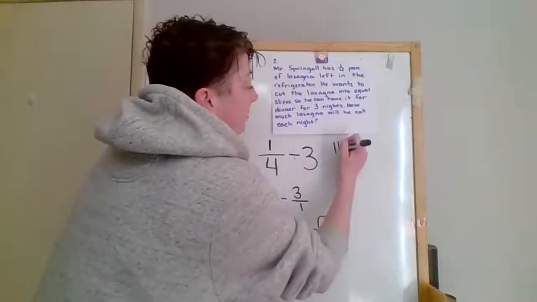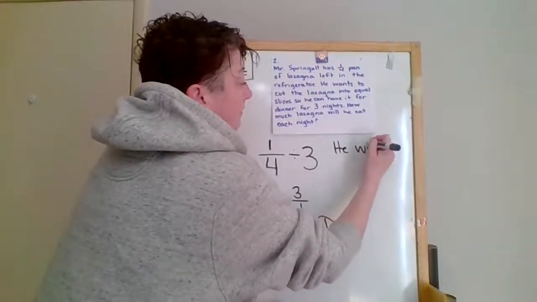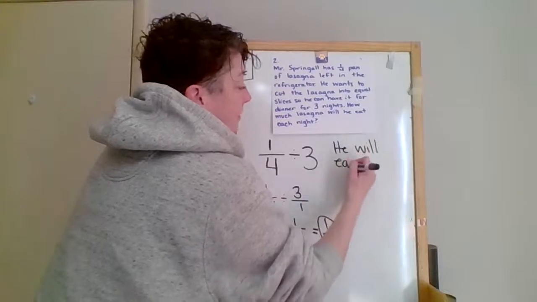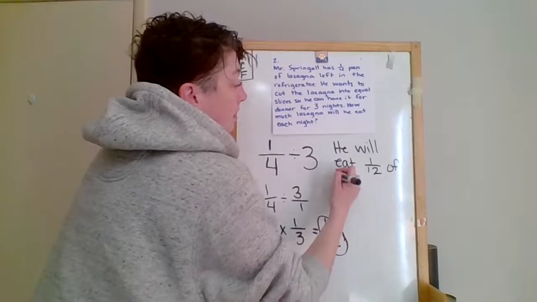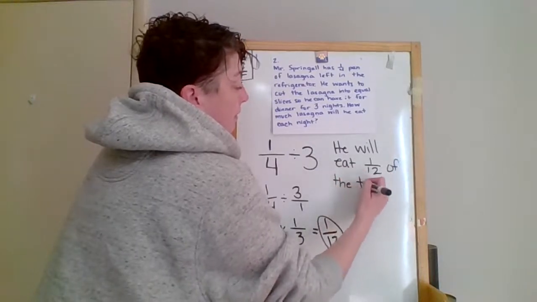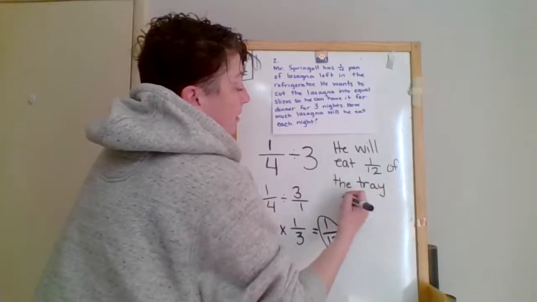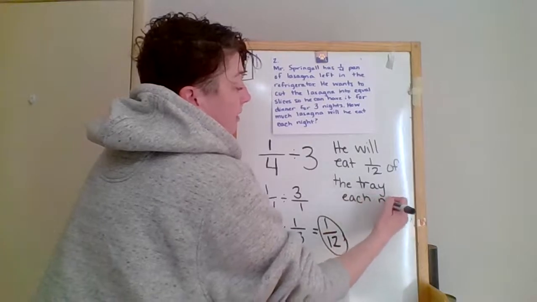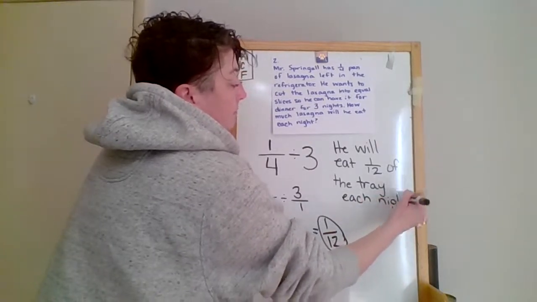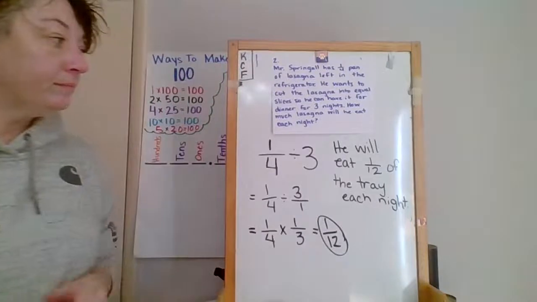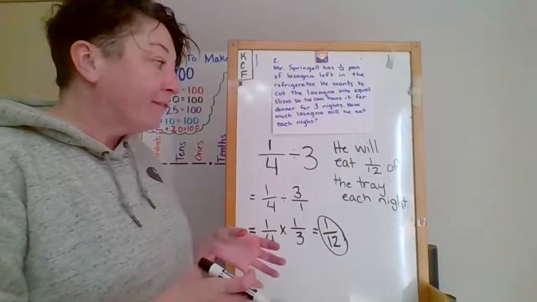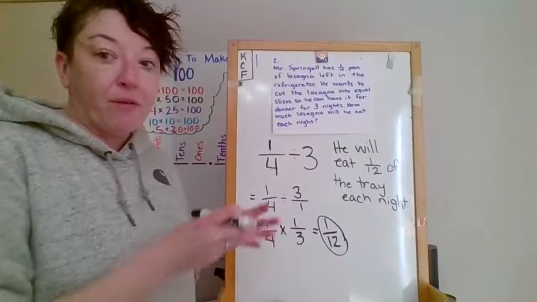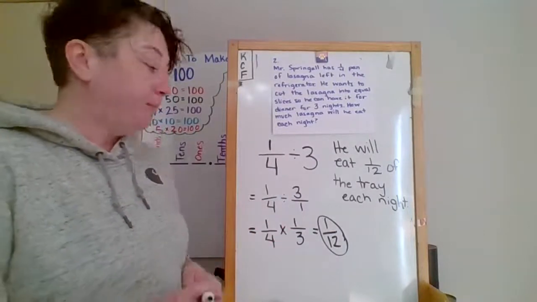Okay, so he will eat 1/12 of the tray each night. He had 1/4 of it left and then split that 1/4 up into 3 parts.